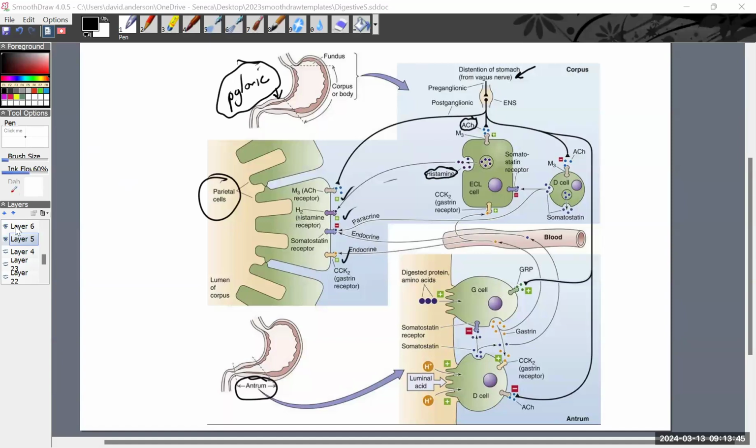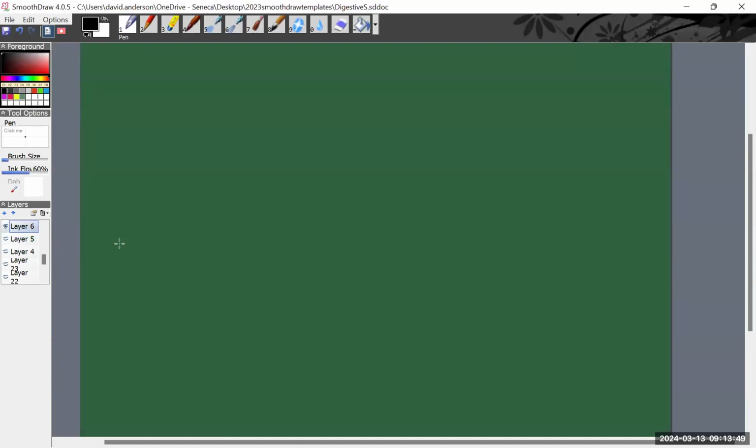So when we looked at our stomach then, there's our esophagus with a sphincter. And our stomach, which was a reservoir, so it was an expansion. Rugae.